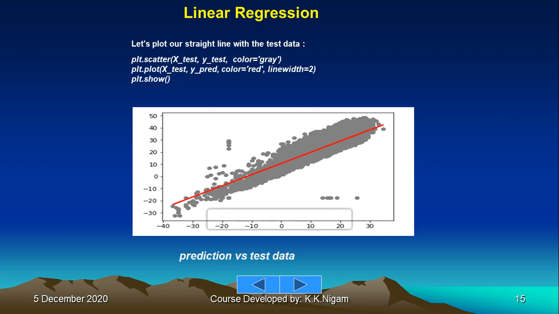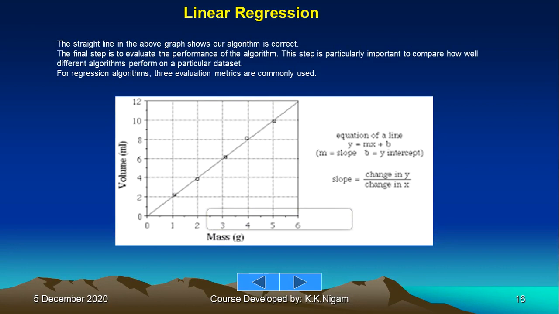Then plt.plot, X_test, y_pred, and then color is red. That is for the line, and linewidth is given as 2, so that it becomes slightly broader. And when you write plt.show, the graph will be drawn as it is seen on your screen. So this is your prediction versus test data.